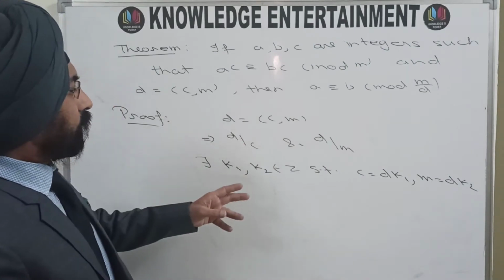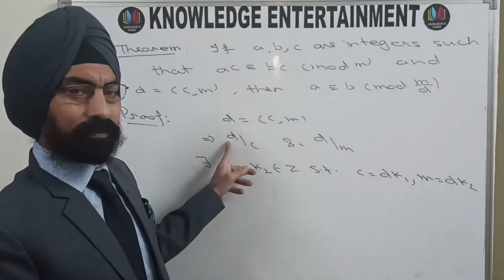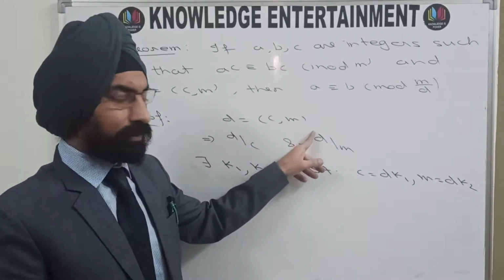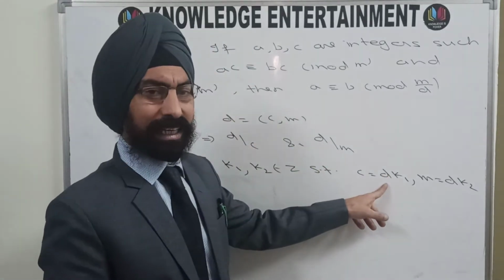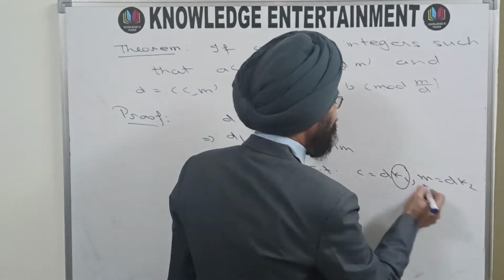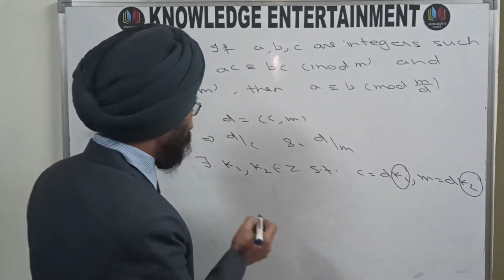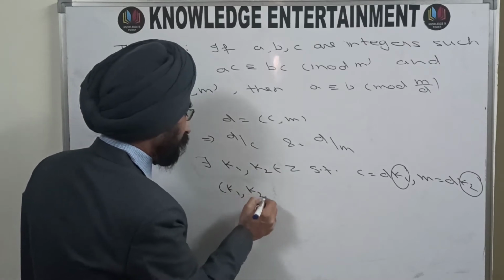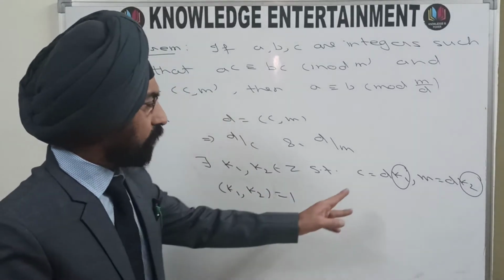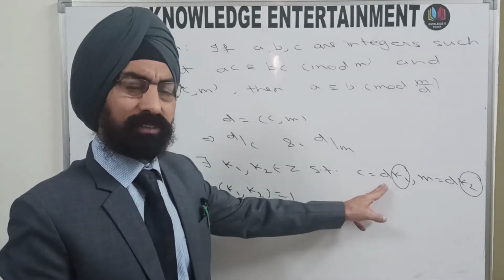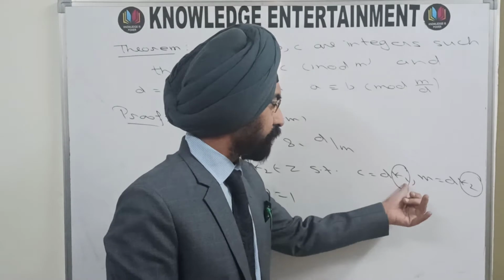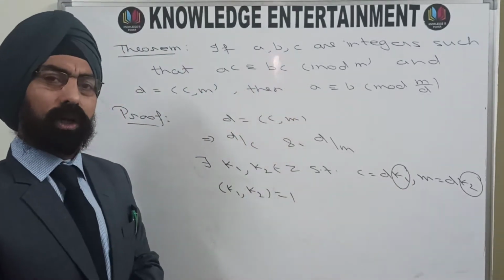Now, since D is the greatest common divisor of C and M, the greatest common divisor is taken out. For the rest, the integers K1 and K2, their GCD will be equal to 1, because whatever the greatest common divisor D was, it is taken out from C and from M.